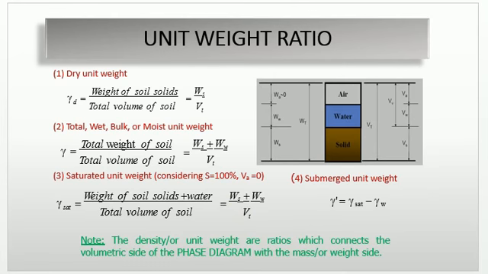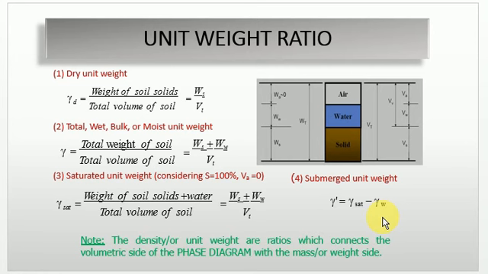Then the fourth one is submerged unit weight. Submerged unit weight is denoted by gamma dash. The gamma dash is the value of gamma saturated minus gamma W. Here submerged means the soil sample is below the water table in a natural condition. Gamma W is the unit weight of water.